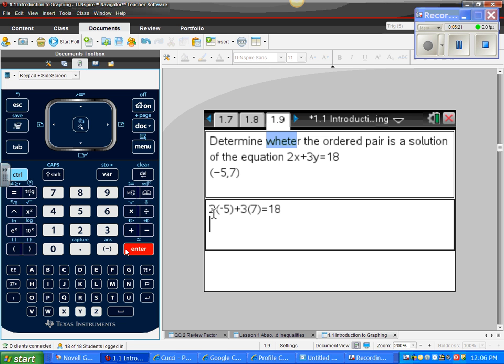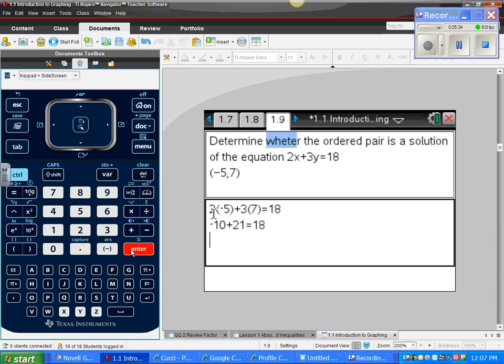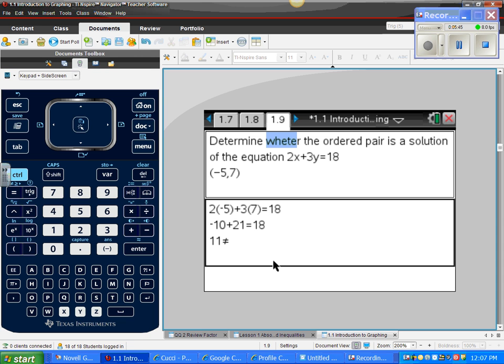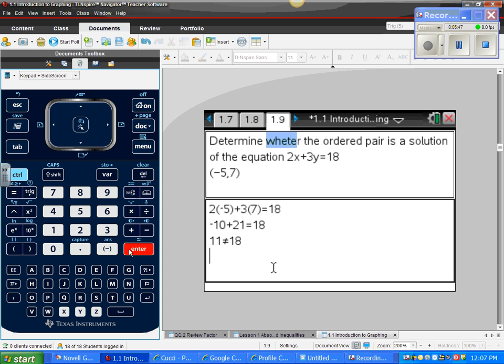So we want to make sure that this works. 2 times -5, of course, is -10, plus 3 times 7, which is 21. And we want to make sure that this equals 18. So is -10 plus 21 18? Well, no, it's not. It's 11. So 11 does not equal 18. So it's not a solution.